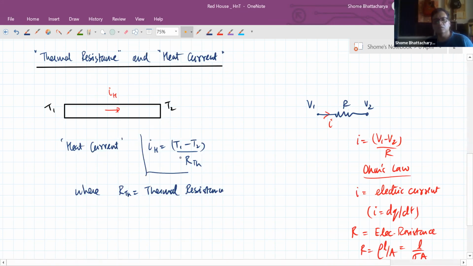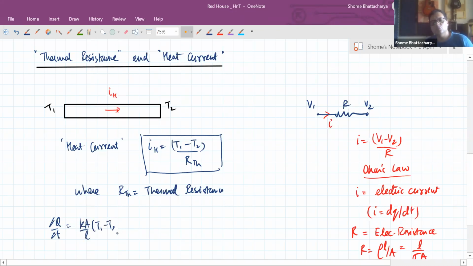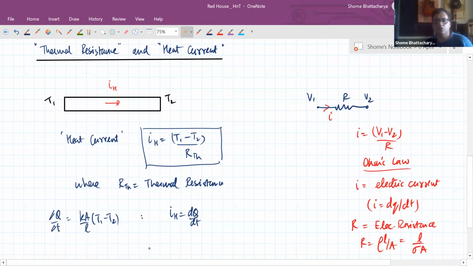So in this formula, you can see that basically it's delta Q by delta T, which is KA by L into T1 minus T2. By comparison, the heat current is the rate of heat flow, whereas electrical current was the rate of charge flow, and the thermal resistance is L upon KA, which is analogous to the electrical resistance L upon sigma A.